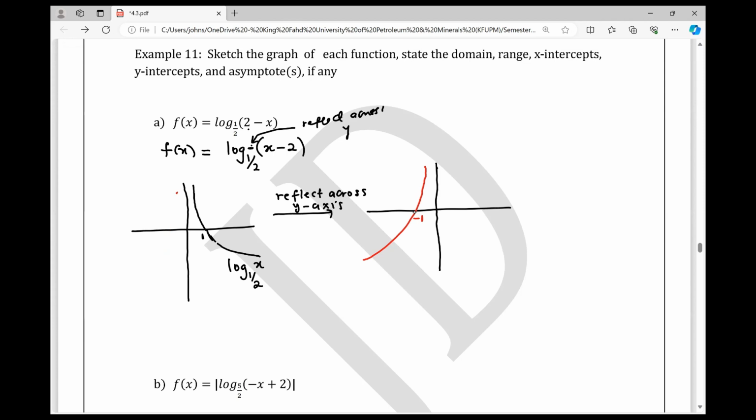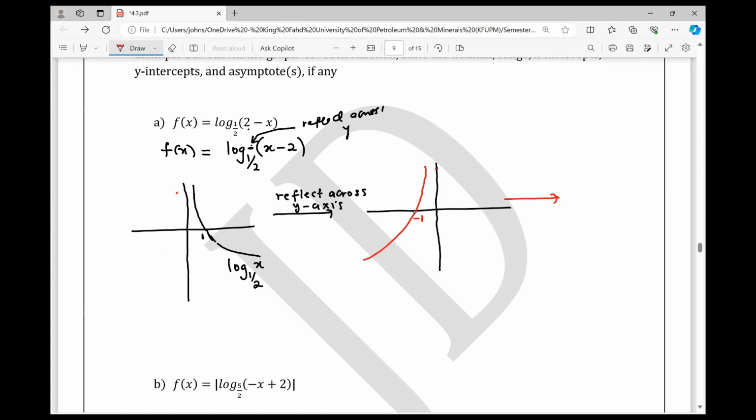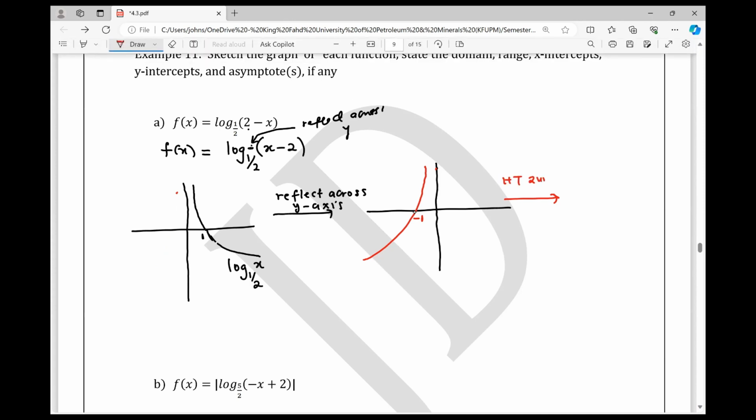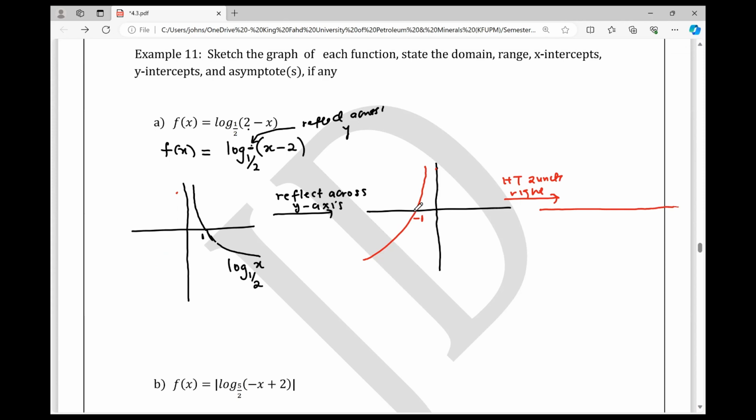Then finally, we have to go how many units? 2 units to the right. So this is the horizontal translation, 2 units to the right.